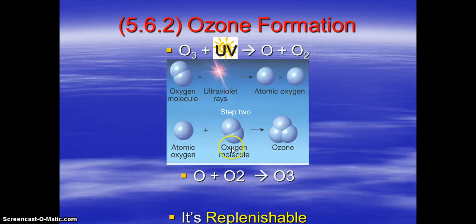And we can break those oxygen molecules down even further to get oxygen atoms separately. And we can take one of those atoms and reform ozone by adding it to an oxygen molecule. So this is a replenishable process. We can go back and forth breaking it down and reforming it, but that process happens slowly, and it will happen naturally.